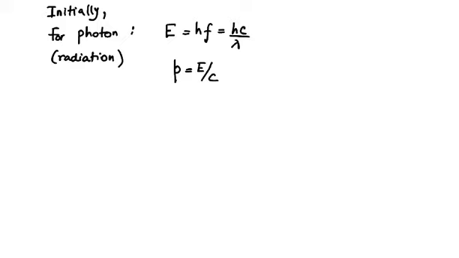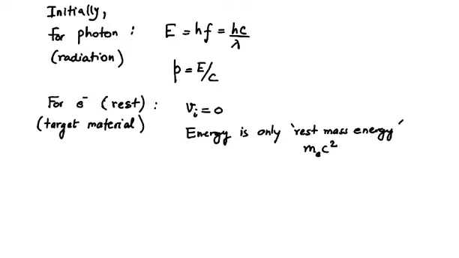So we will see what happens if such a photon collides with an electron at rest. Initially, for a photon, energy can be written as hc over lambda, and its momentum can be written as energy divided by c.